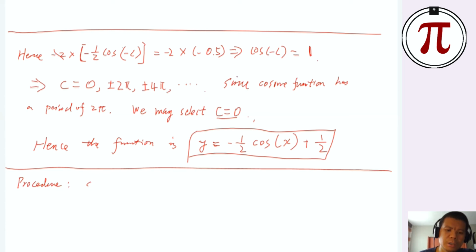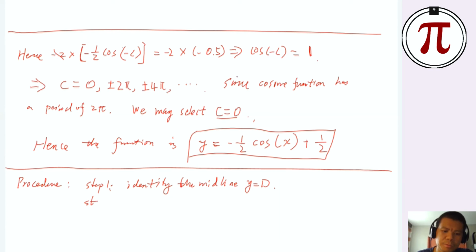Let's go through the procedures here. Step 1, identify the midline, y equals d.